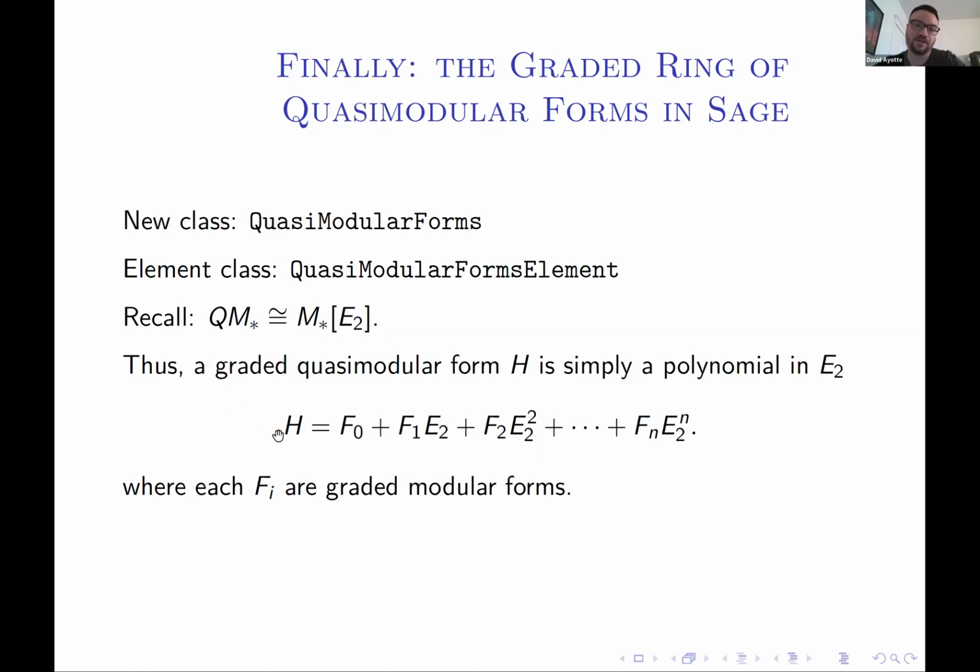And so a graded quasimodular form H is simply a polynomial in E2, where each Fi is a graded modular form. So now that the ring of modular forms in SageMath is an actual ring in SageMath, we can consider the polynomial ring over this ring of modular forms, and we can consider elements of this form.